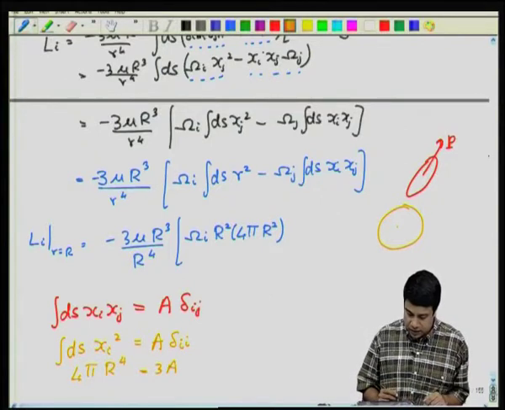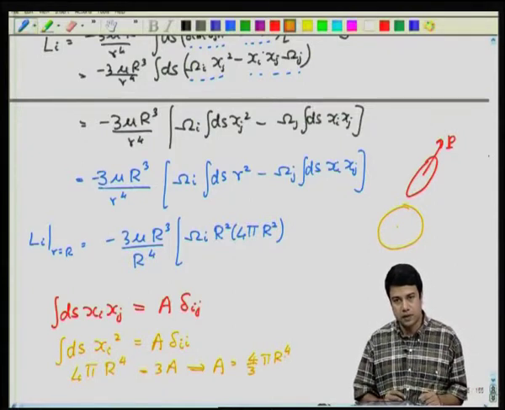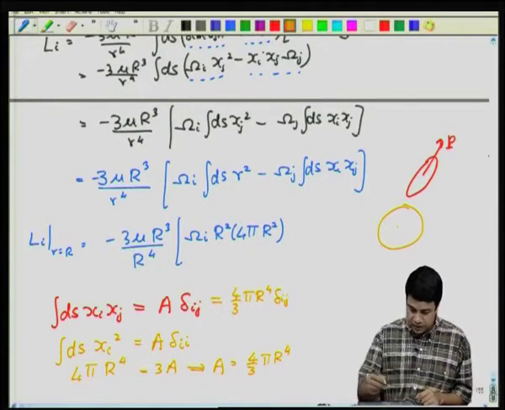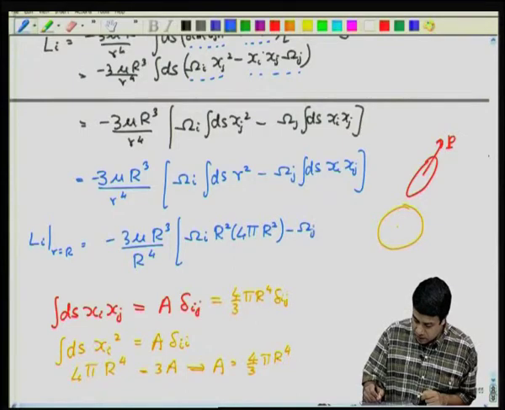So, that is equal to 3A, which means that A is equal to 4 by 3 pi r power 4. A times delta ij. So, this is equal to 4 by 3 pi r power 4 delta ij. So, use that in this expression minus omega j 4 by 3 pi r cubed delta ij.